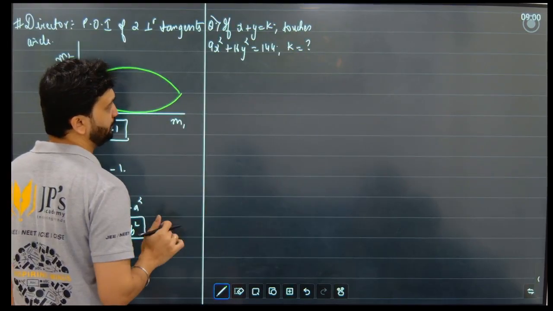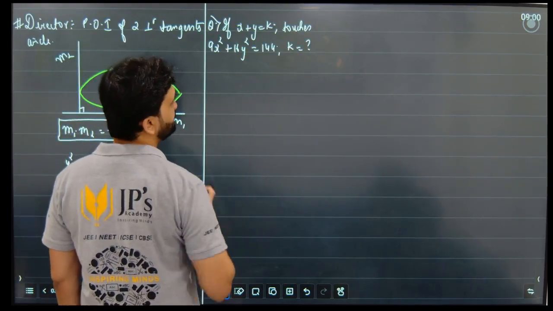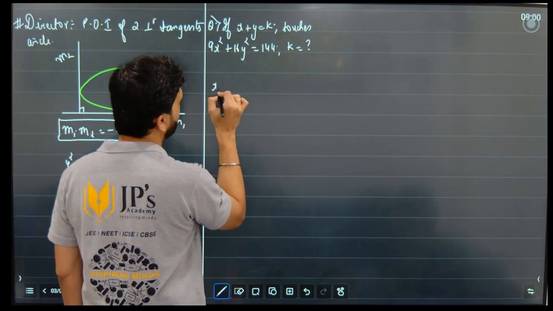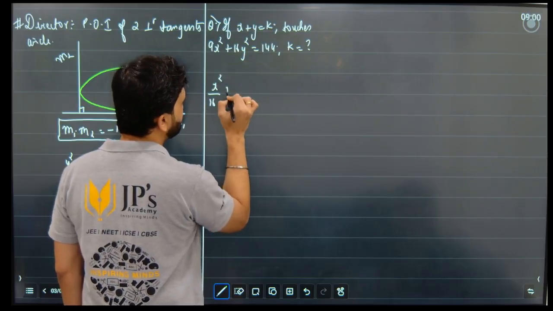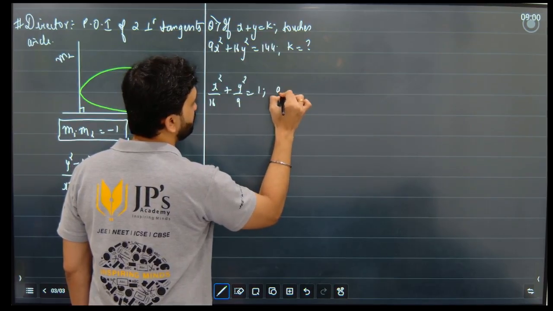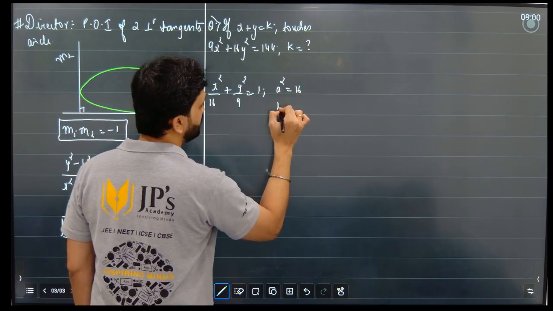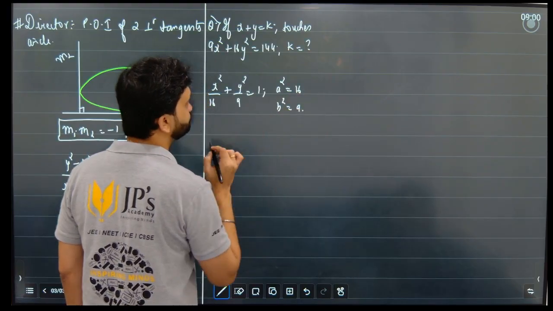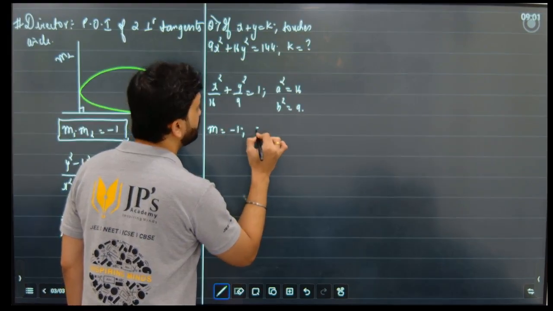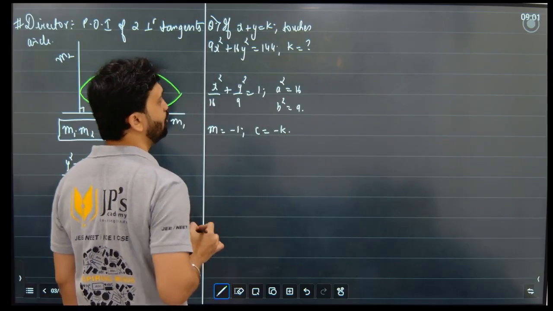First of all, it touches, so I know that c square is equal to a square m square plus b square. But what data can we collect? This will become x square upon 16 plus y square upon 9 is equal to 1, where a square is equal to 16 and b square is equal to 9. If I consider the line, slope is minus 1 and c is minus k. I have got all the data.